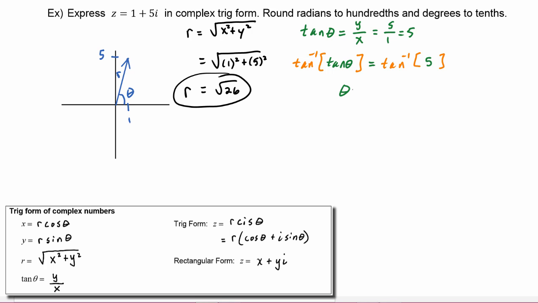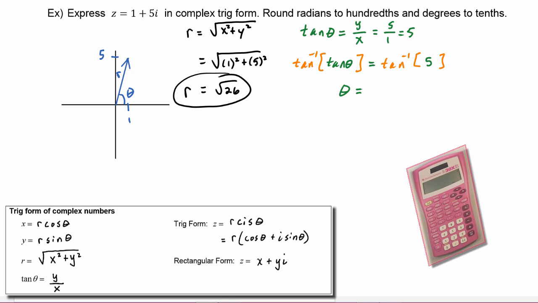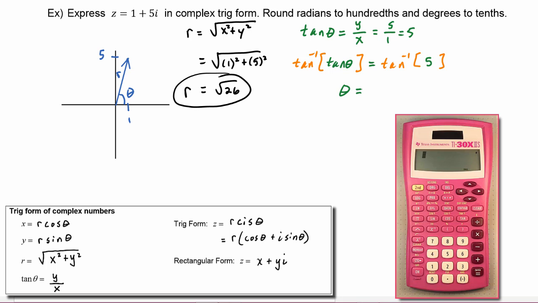We get that theta is going to equal, now we need to make sure that our calculator is in radians mode, so we hit the DRG button, cursor under the radians, and hit enter.